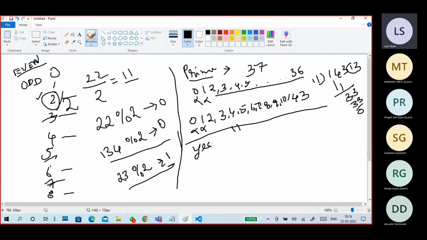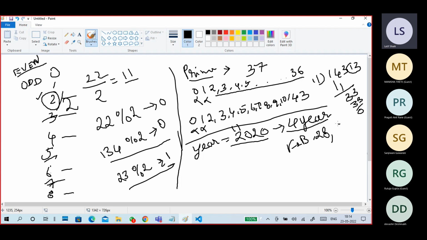Leap year or not? There is a year, for example 2020. Is it a leap year or not a leap year? What is the meaning of leap year? A leap year comes every 4 years, right? Normally in February there are 28 days.